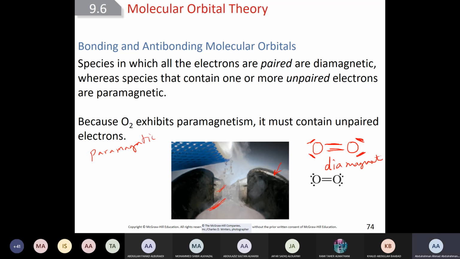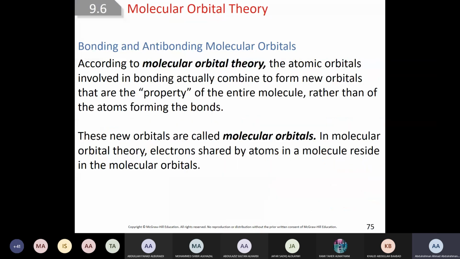And this is explained by molecular orbital theory. This is the explanation of valence bond, which does not exist, but this one is the right explanation. We will explain how this one is paramagnetic using this theory.